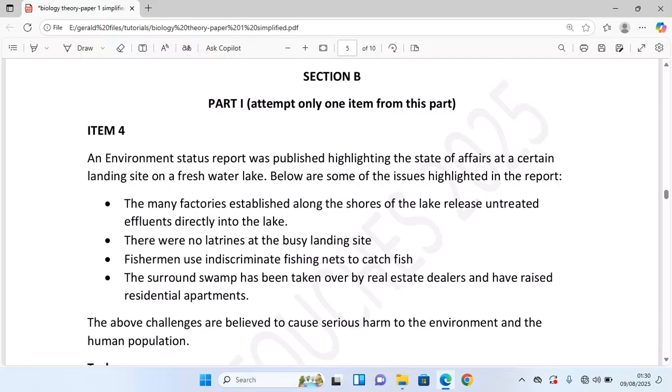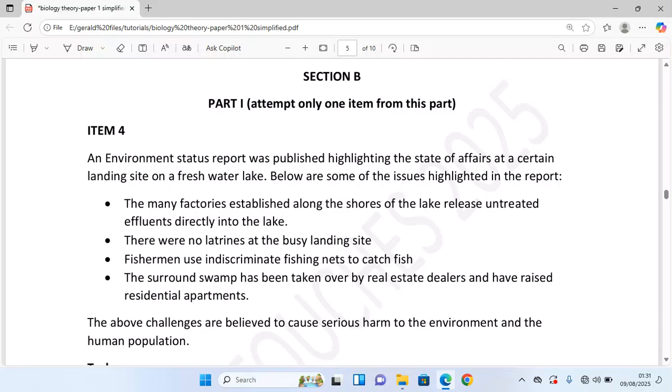So section B part 1 comes from the concept of sustainability of the environment and the resources in it, living organisms in it, and that is a concept of almost all senior 1 topics, including the concepts of ecology, man and the environment, that is a lot of associations in biological communities, food chains and food webs, those ones. And according to that, we have a lot of concepts to discuss, and I think they will be coming through as we go through this item.